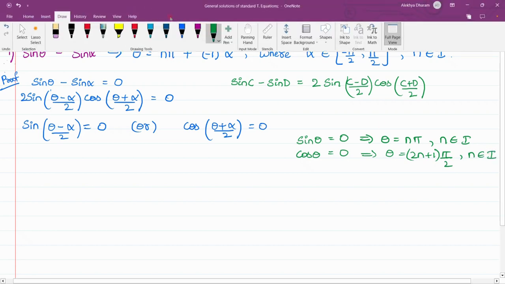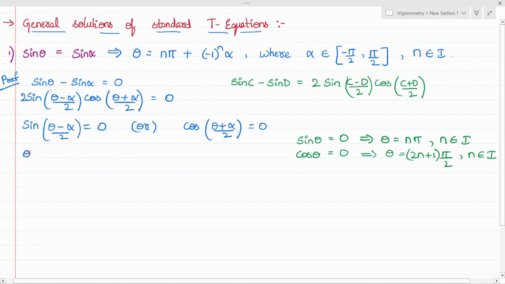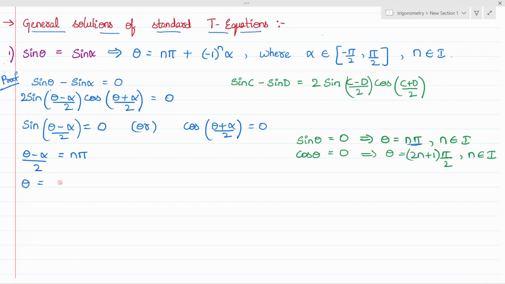So just use these simple two equations over here. Instead of theta over here, it will be theta minus alpha by 2. So it becomes theta minus alpha by 2 is nothing but n pi. From here, theta can be written as 2n pi plus alpha, again where n belongs to all the integers.